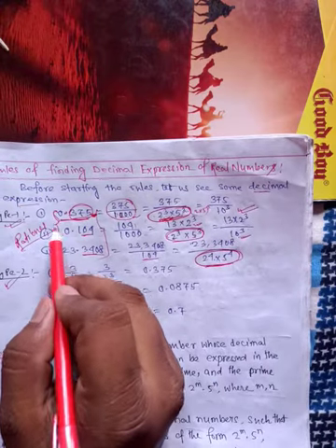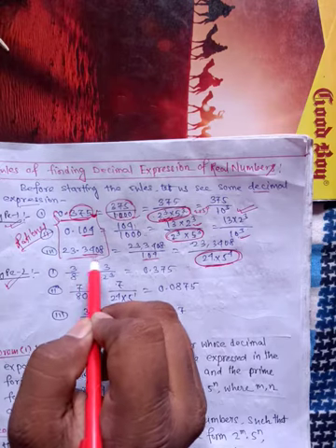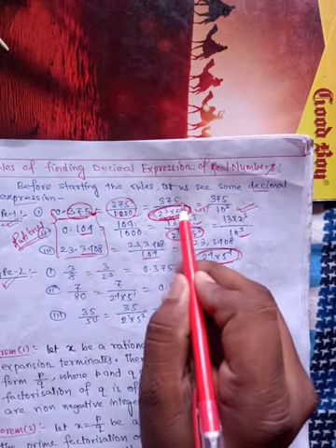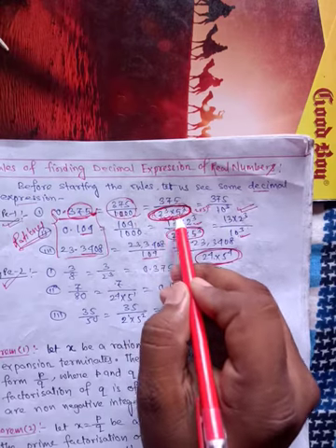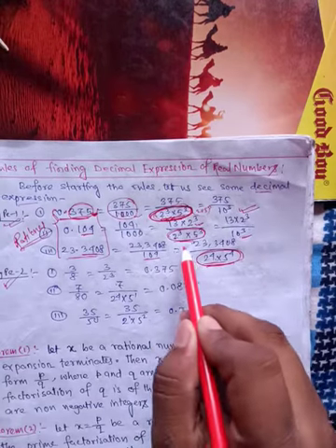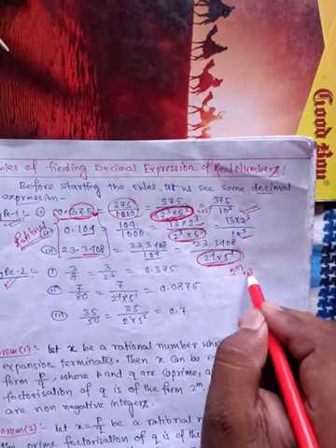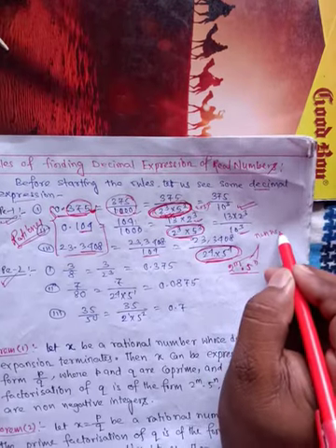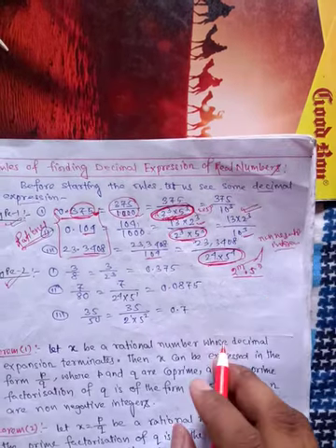So for the decimal expression of any rational number, the denominator's prime factorization always contains 2 to the power something into 5 to the power something. You can see here all the prime factorizations of denominators are 2 to the power something, 5 to the power something. That is, you can write 2 to the power m into 5 to the power n in this form, where m and n are non-negative integers. Non-negative means it may be 0 but not negative.